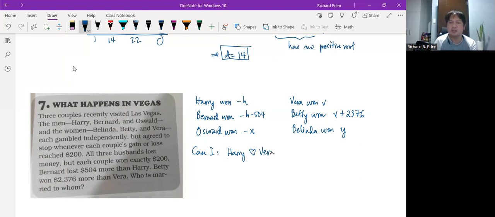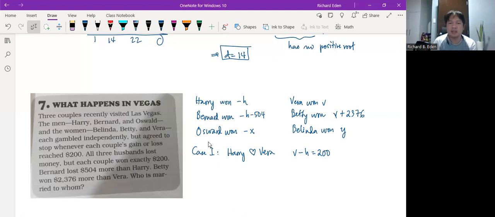So ibig sabihin, sila na mag-asawa. So ibig sabihin, V minus H equals 200. In this case though, ang asawa ni Bernard either si Betty or Belinda.